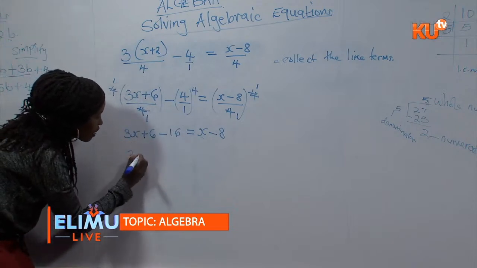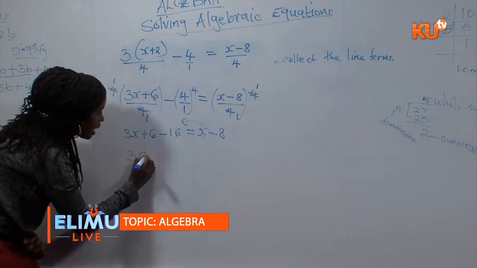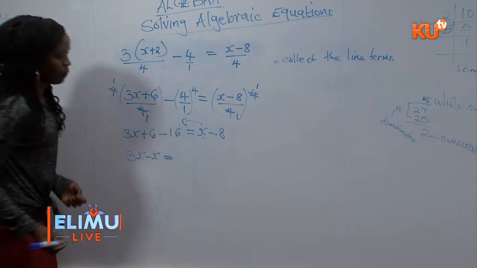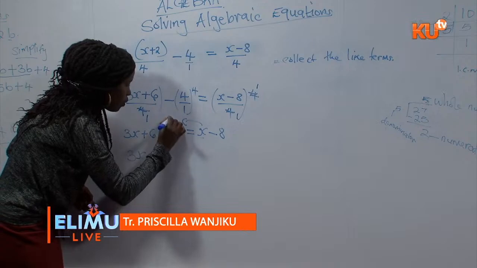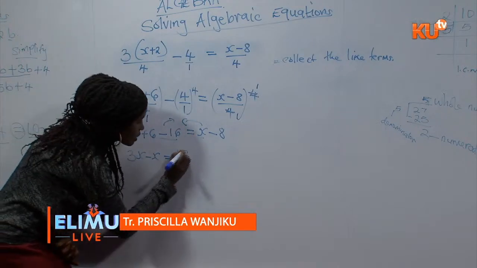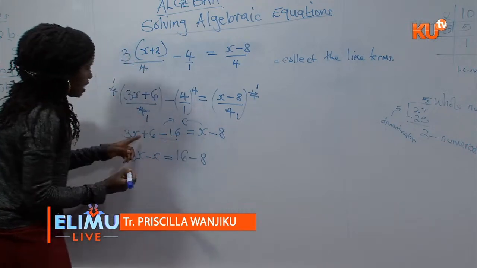So that means I'll have 3x, and I'm going to bring this to the other side, I'll have -x is equal to -8. This -16, when it goes to the other side of the equal sign, I'll have +16. Then I put my -8.